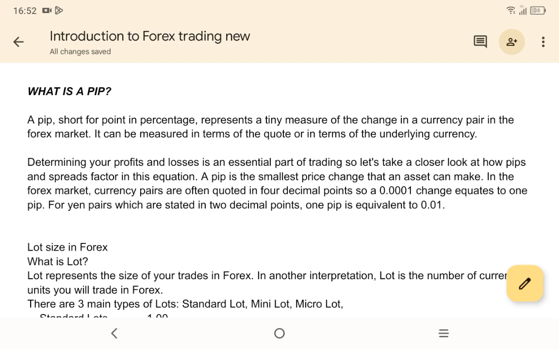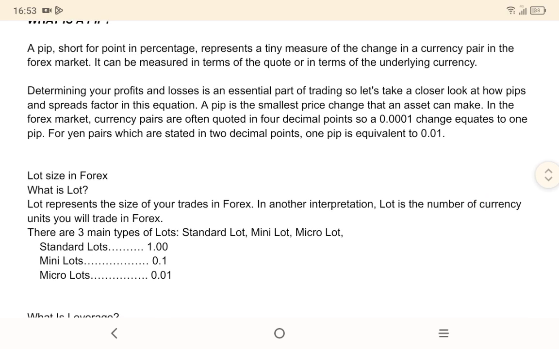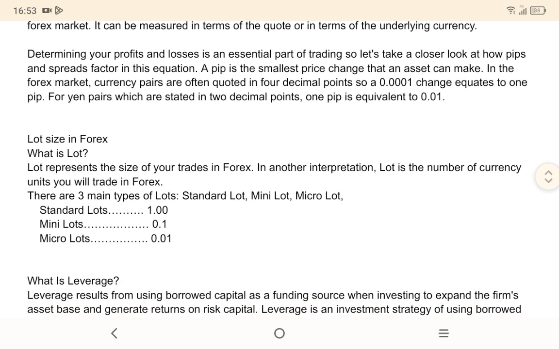So that is when your pips come in. What do I mean by your pips come in? That is when you cannot tell yourself, I want to make $20, I want to make $50. That is when your pips work in. Now we'll be making a video on how to calculate pips with different currency pairs. That will be our next video.